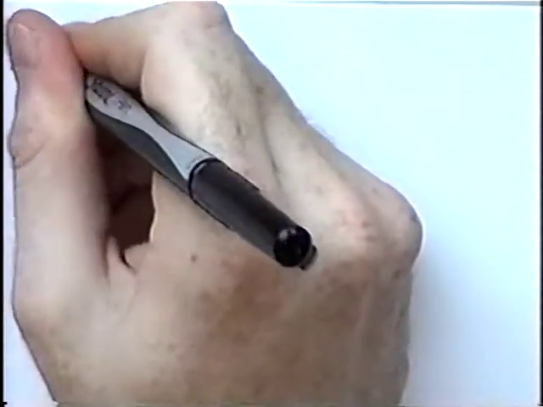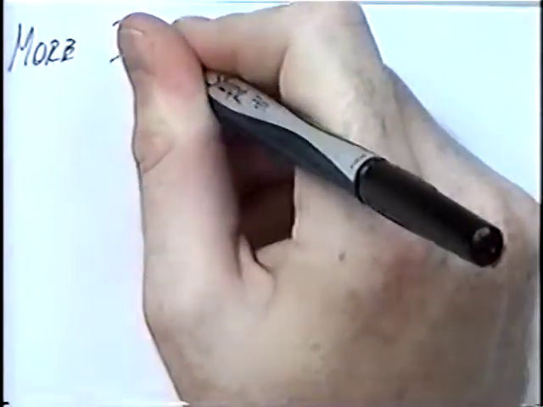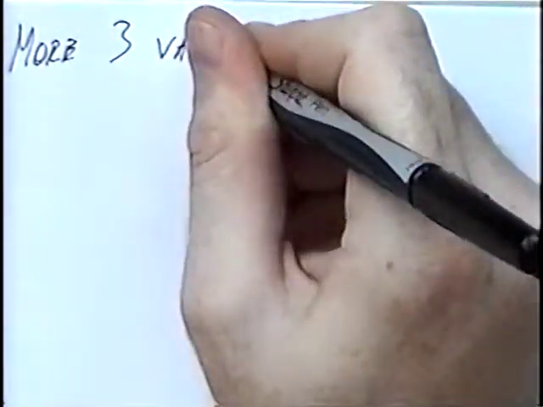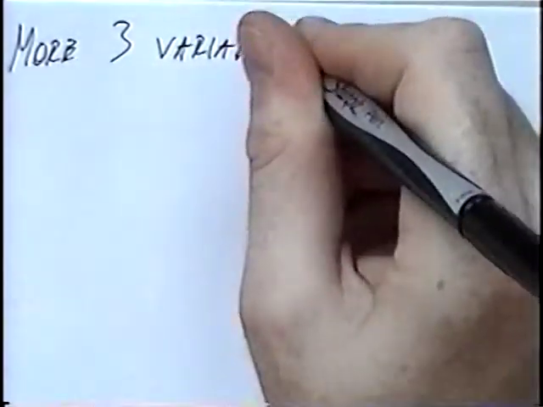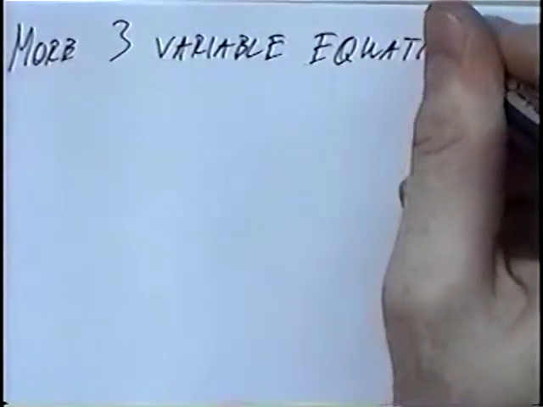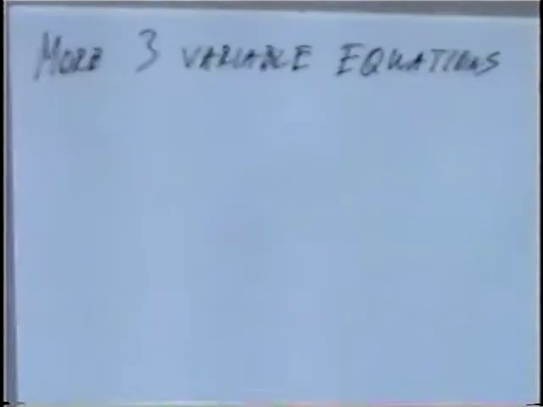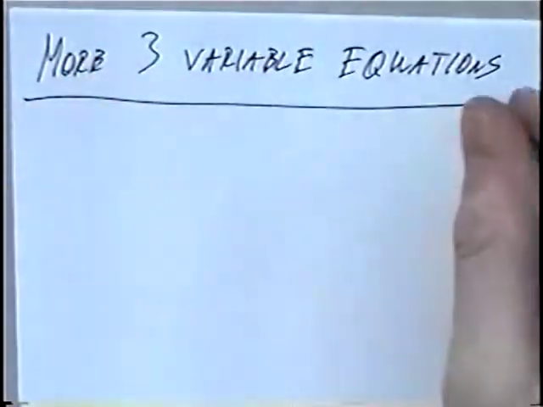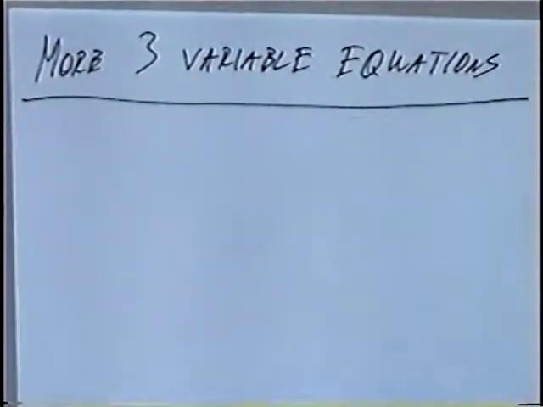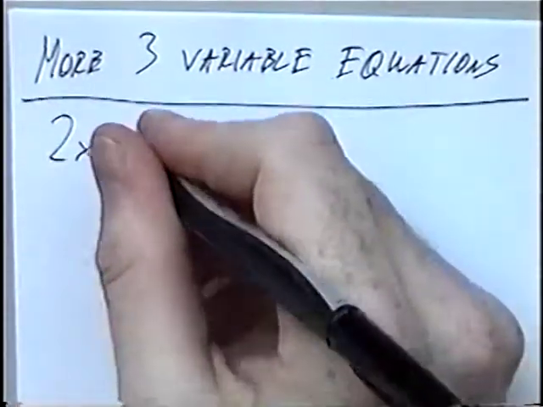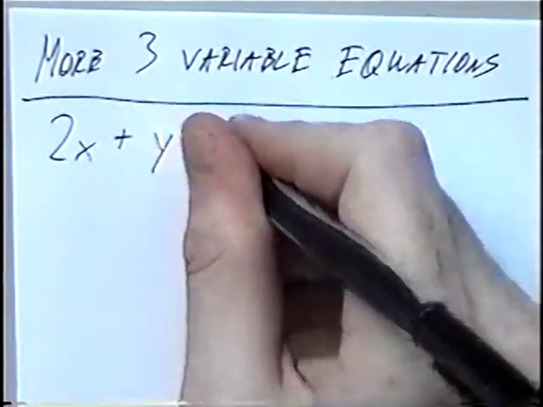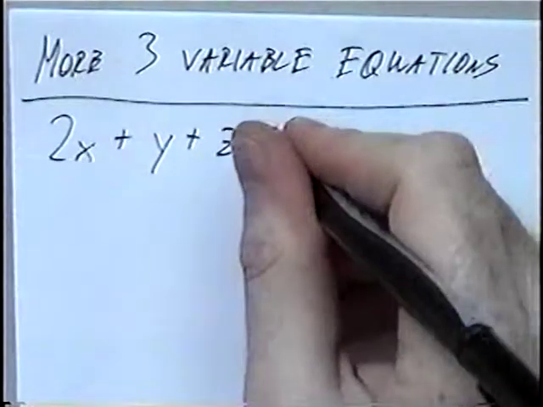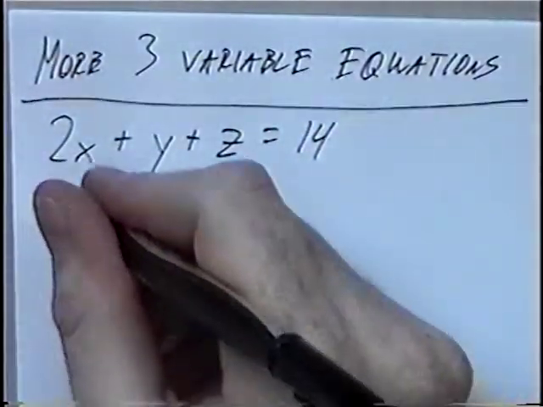Title of the last section today is More 3 Variable Equations. First equation is 2x plus y plus z equals 14.